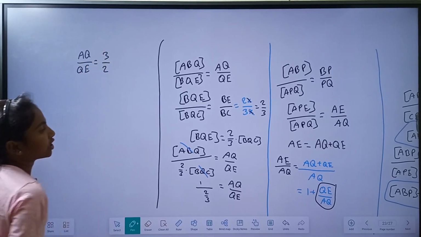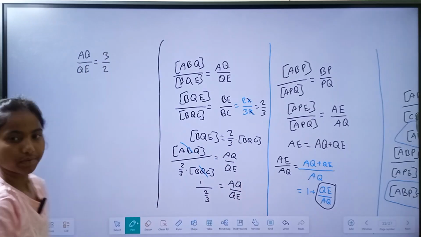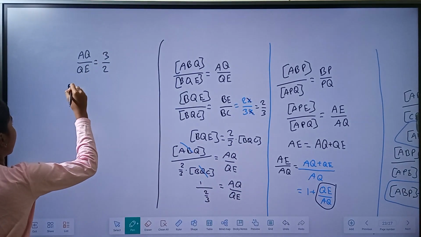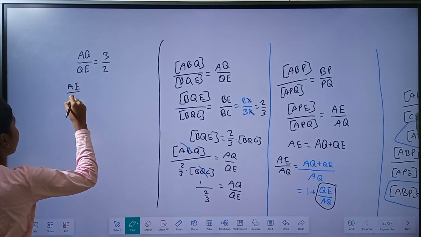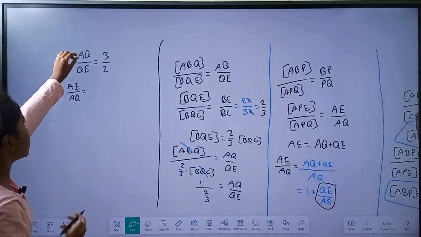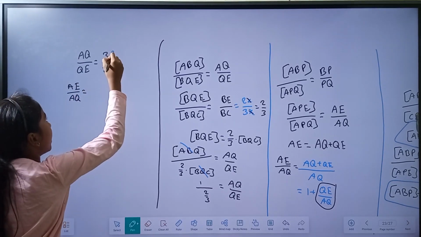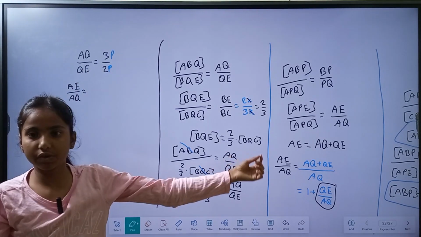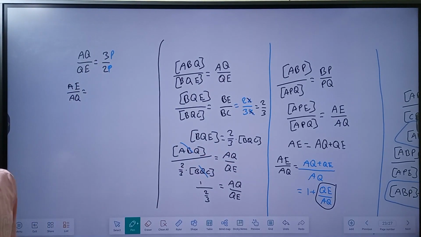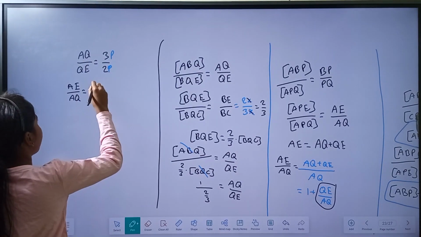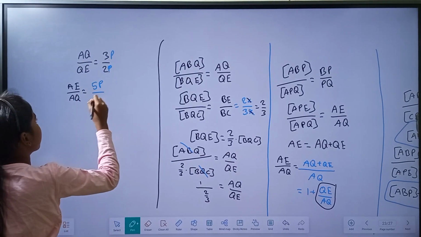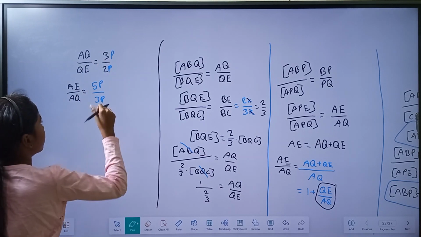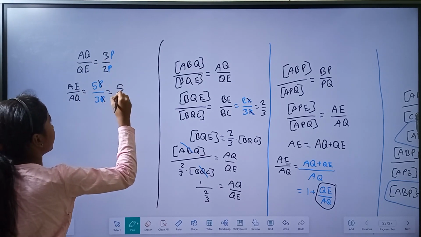And the ratio we need is AE by AQ. If we consider AQ equal to 3P and QE equal to 2P, then AE is equal to AQ plus QE, which is 3P plus 2P, 5P. 5P divided by AQ, which is 3P, and we can cancel P to get 5 by 3.